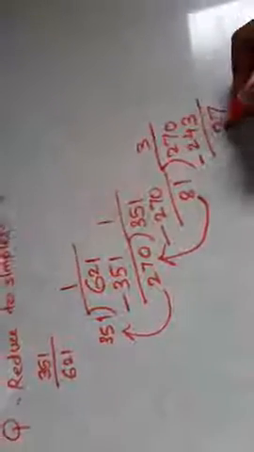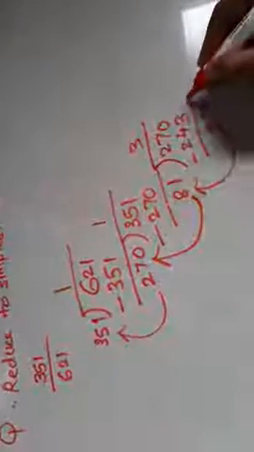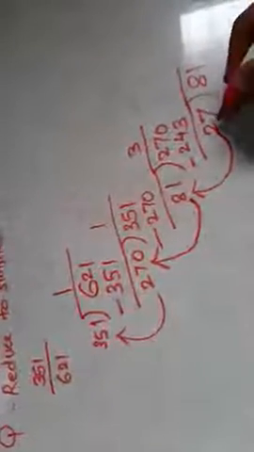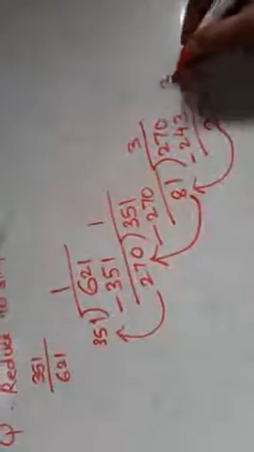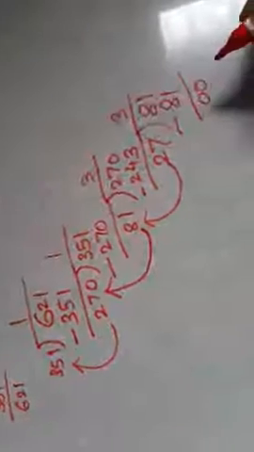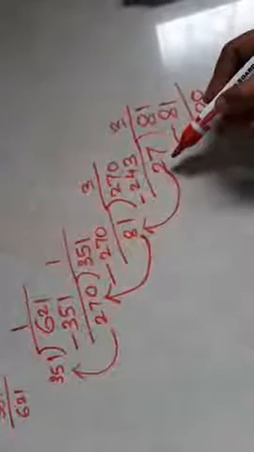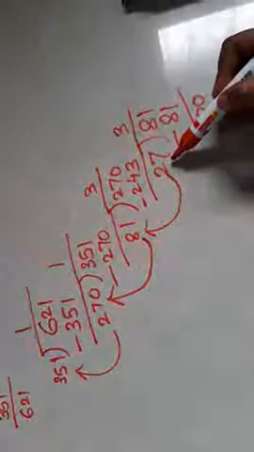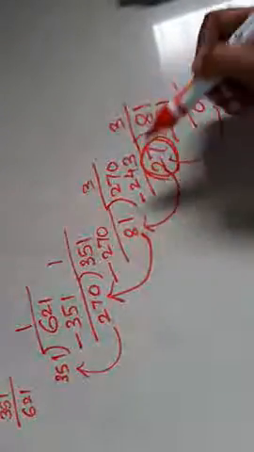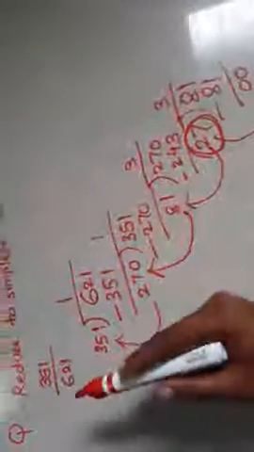Now again by this remainder we have to divide this divisor, which is 81. So 27 3s is 81. So when we divide by 27, the remainder is 0. So this will be the HCF of these two numbers.